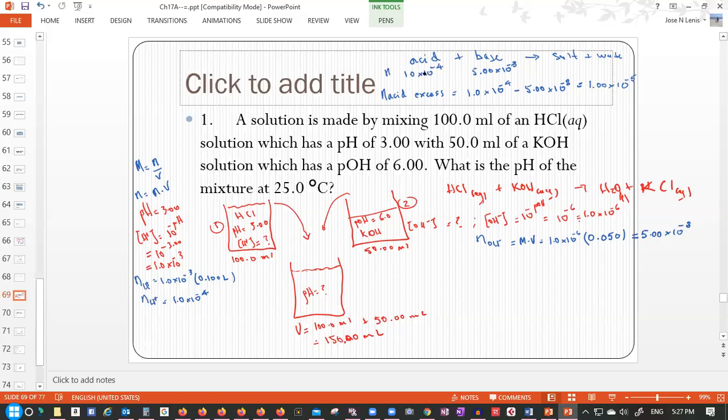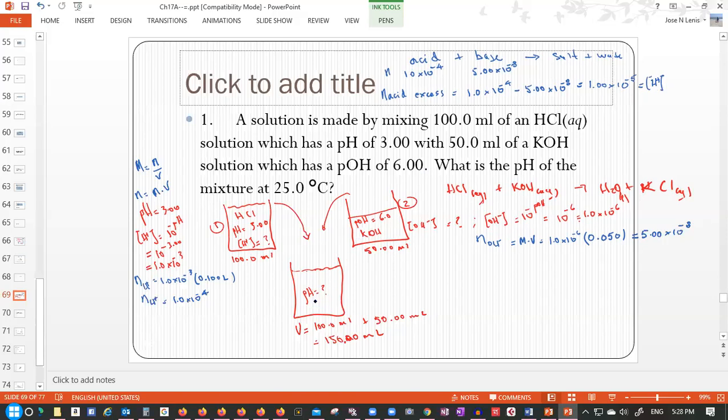In this case, we have more of this than that, so this is going to be left over, and the difference will show you how much is left over. So that will be the concentration of H plus after neutralization, or left over.